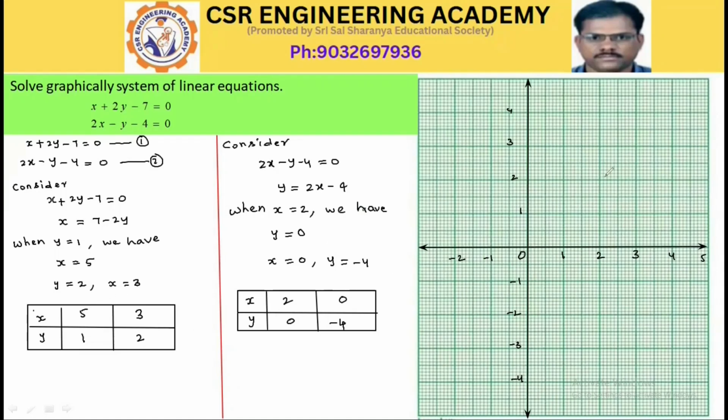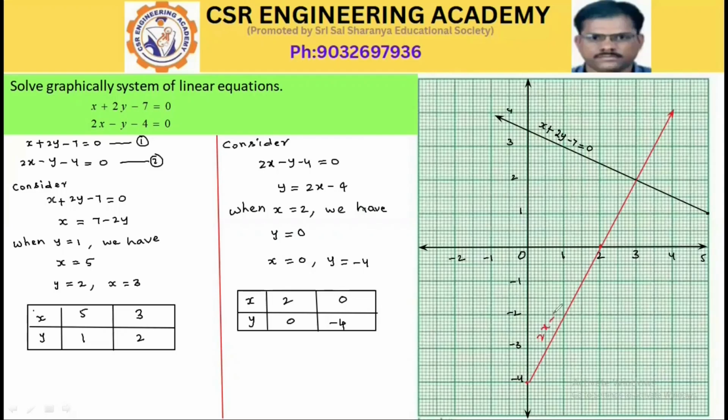Corresponding points are x = 5, y = 1 and the second point x = 3, y = 2. Now join these two points. This is the line x + 2y - 7 = 0. Now consider line 2. Corresponding points are x = 2, y = 0 and x = 0, y = -4. Now join these two points.